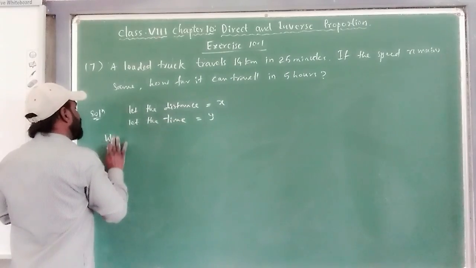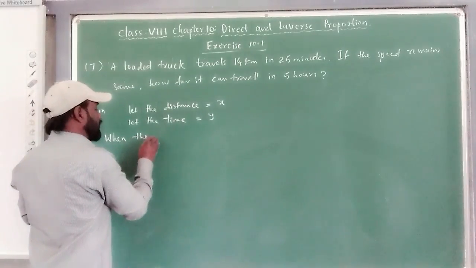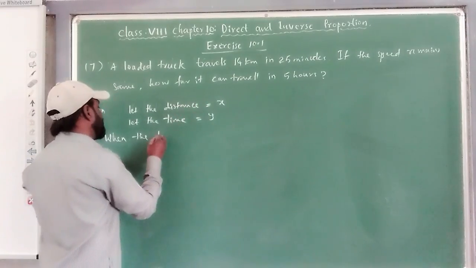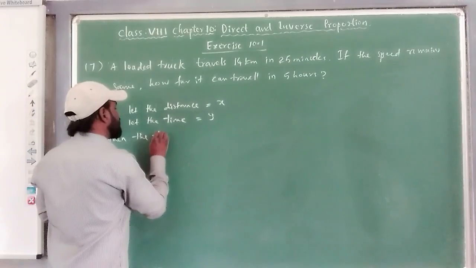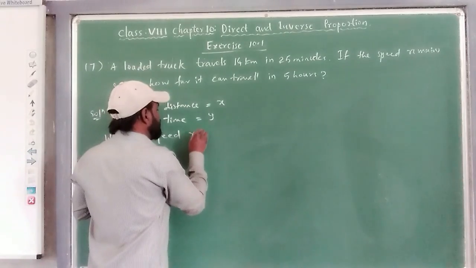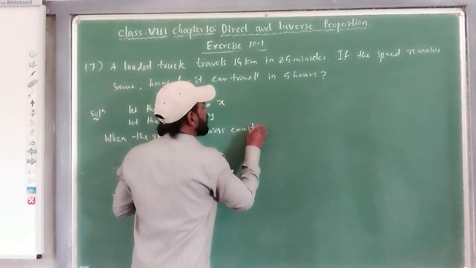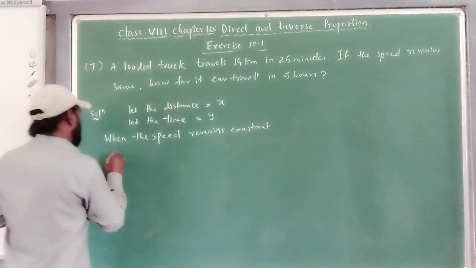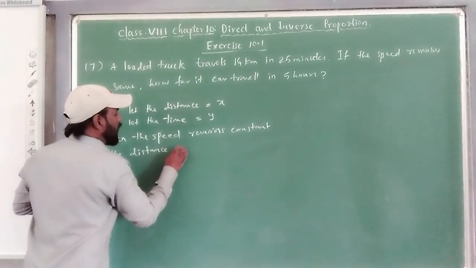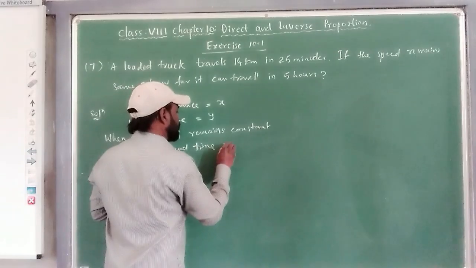It is given already that speed remains the same. So when time and distance are both given and speed remains the same, the distance and time will be in direct proportion.